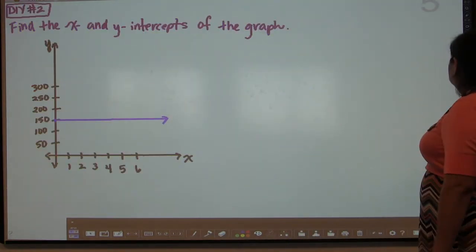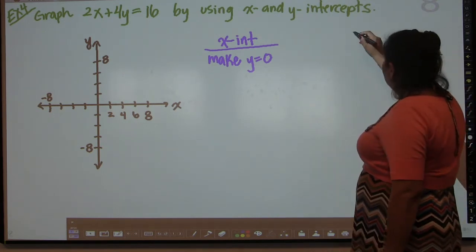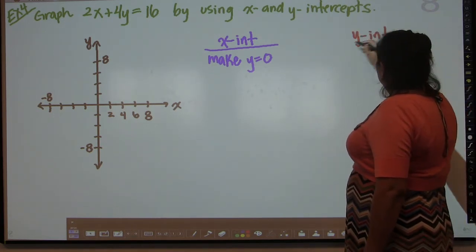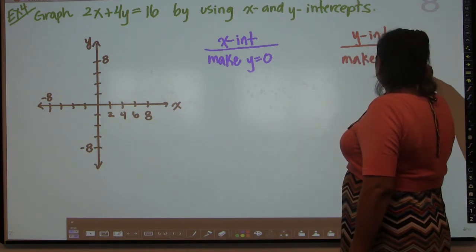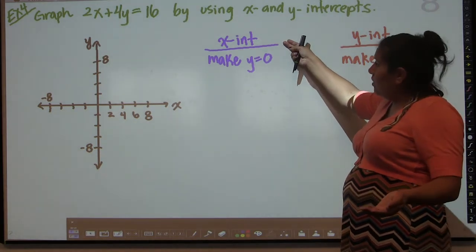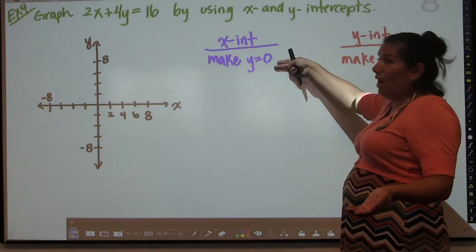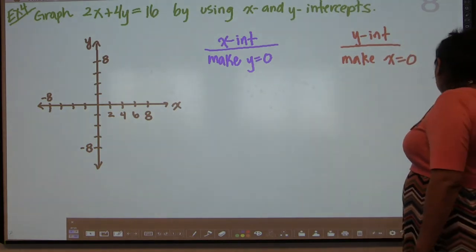So that tells us that for the y-intercept, we are going to make x equals 0. So it's kind of easy to remember. For the x-intercept, you make the opposite letter 0. So for the x-intercept, y equals 0. For the y-intercept, x equals 0. And then you just solve.